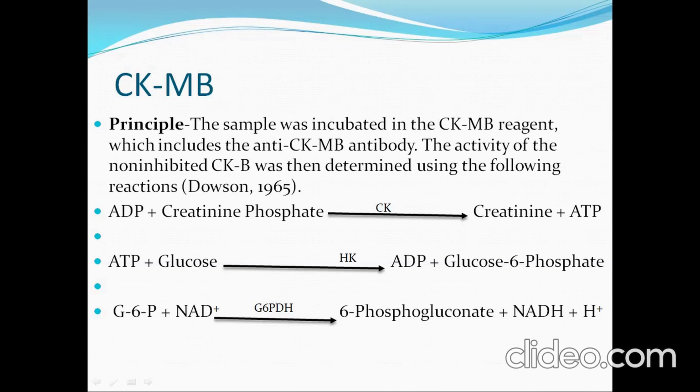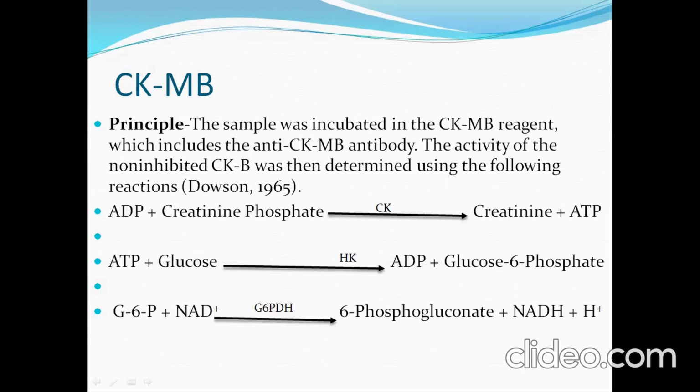What is the principle behind CKMB test? The sample was incubated in CKMB reagent, which includes the anti-CKMB antibody. The activity of non-inhibited CKB was then determined by using the reaction. For example, ADP plus creatinine phosphate in presence of creatinine kinase, creatinine and ATP generated.